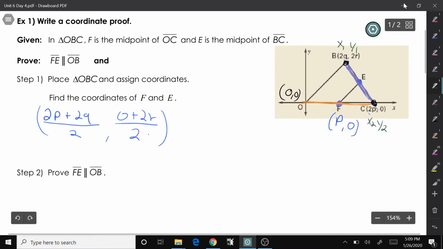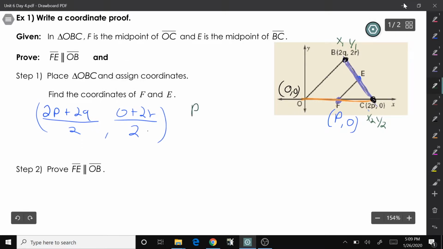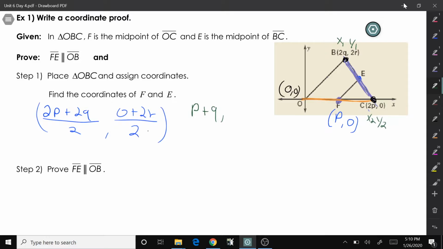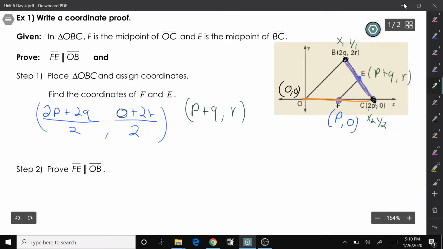So we can say the coordinate of that point will be P plus Q, comma, well, 0 plus anything will stay the same. We have 0 plus 2r divided by 2, which will simplify to just r. So the coordinate point for E right here is P plus Q, comma, r.